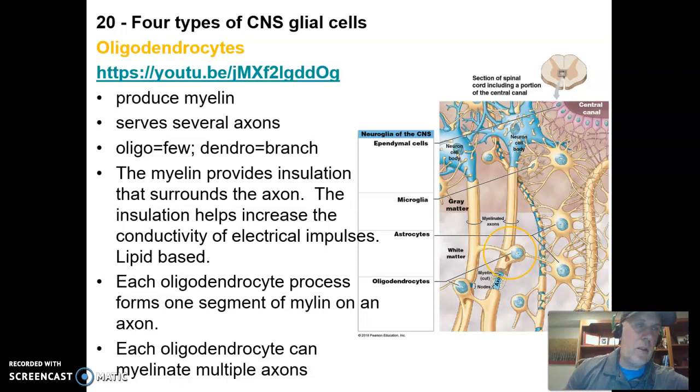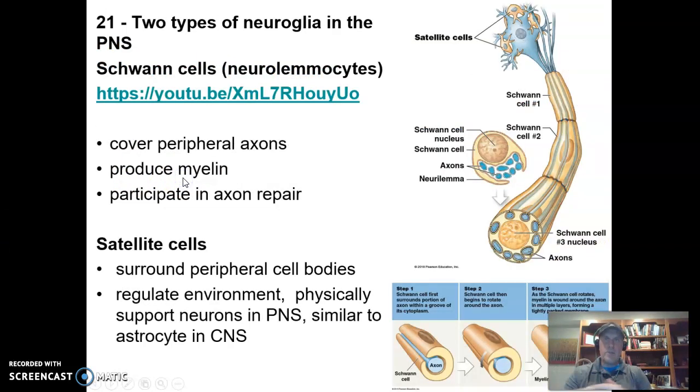And with that said, this will take us into the next concept of what are Schwann cells. Schwann cells themselves are in the peripheral nervous system, and you have the peripheral axons. So the axons that are in the peripheral part, because the central nervous system branches off into the peripheral.